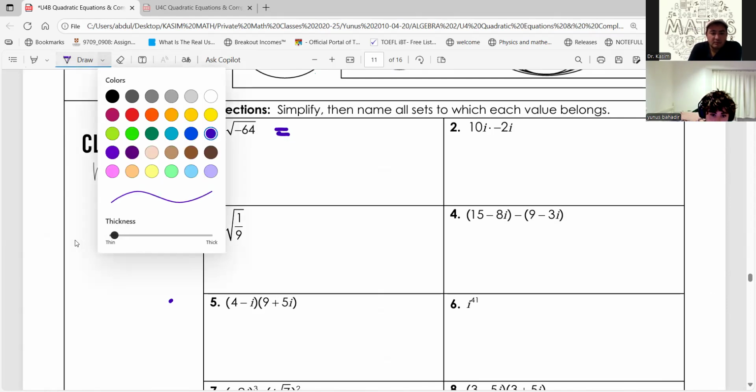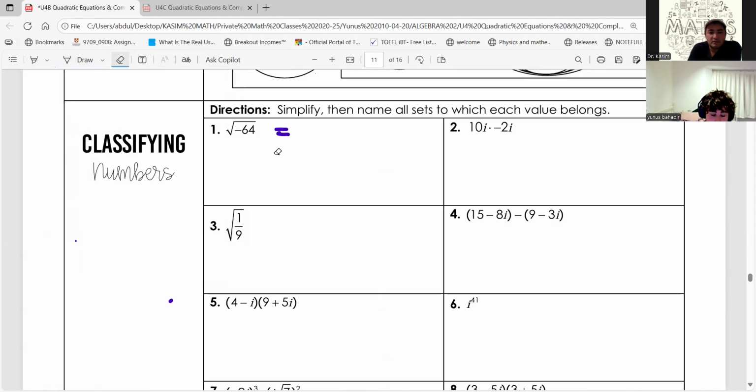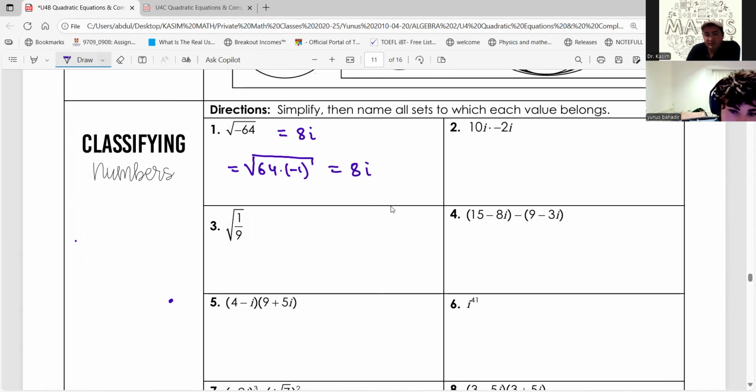Just 8i. Why? Because I can write it as the square root of 64 times negative 1. Then the square root of 64 is 8, and the square root of negative 1 is i. So what is that? It is just a complex number, right?